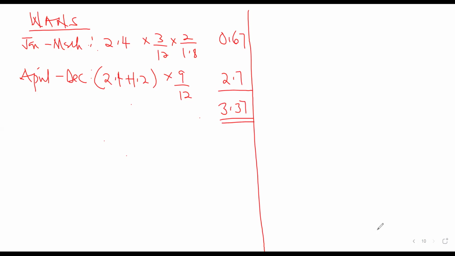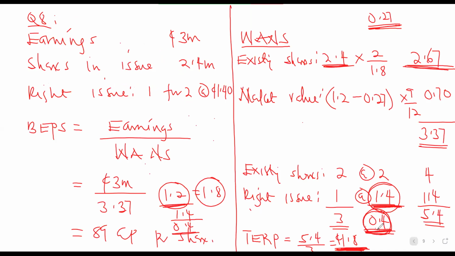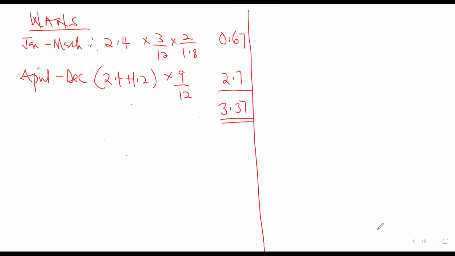Anyhow you do it, but for me, this is going to take your time. Sometimes you might even get confused with this one. The bonus shares will have effect on shares that were in issue before the bonus issue. So that is why we apply it on only the 2.4, because the 2.4 was there for 3 months before the bonus issue.